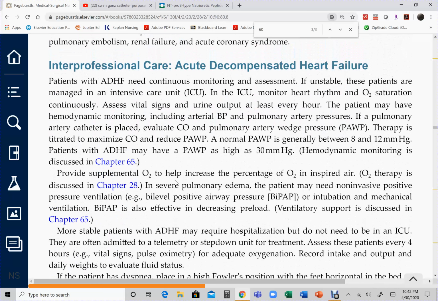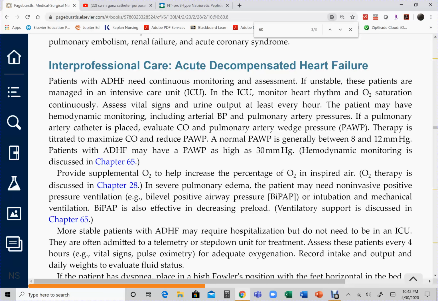Okay, acute decompensated heart failure. These are very sick patients. If not in telemetry units, they will be in ICU for a while. They are critically ill, and during treatment we cannot afford to wait for symptoms to manifest before we treat.